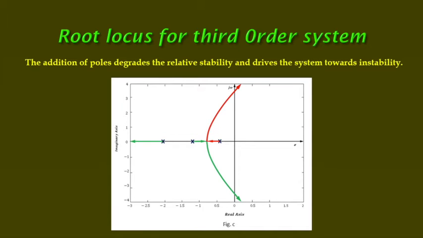As gain k is increased from 0 to infinity, this root locus turns towards the right hand side of the S-plane and crosses the imaginary axis, that means j omega, after certain values of gain k. That means the addition of poles degrades the relative stability and drives the system towards instability.